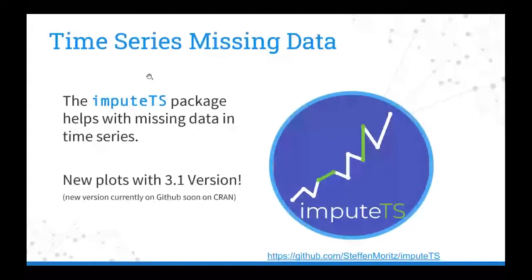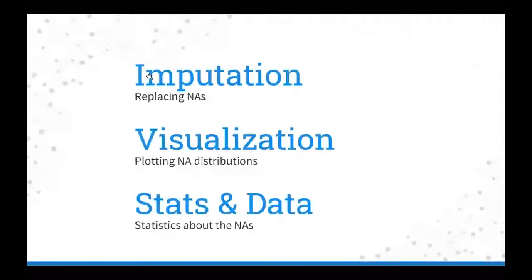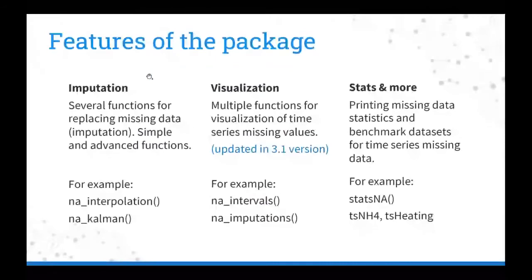The package features functions in three different areas: imputation, so functions for replacing NAs with reasonable values; visualization, which we'll be talking about; and functions for getting missing data stats.